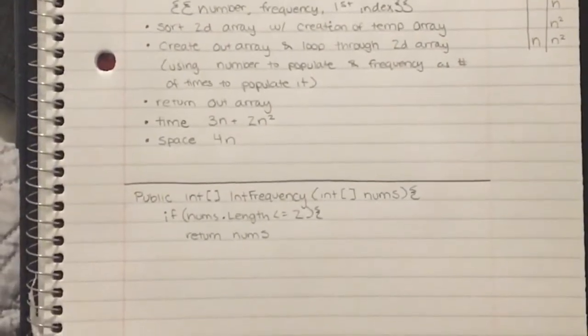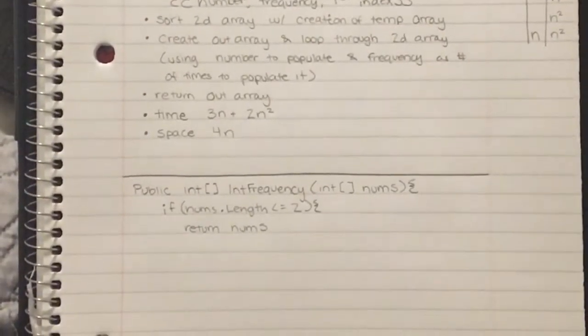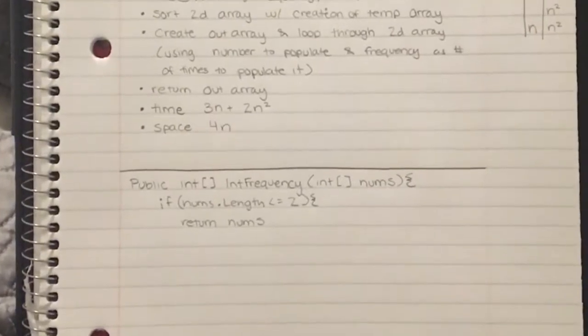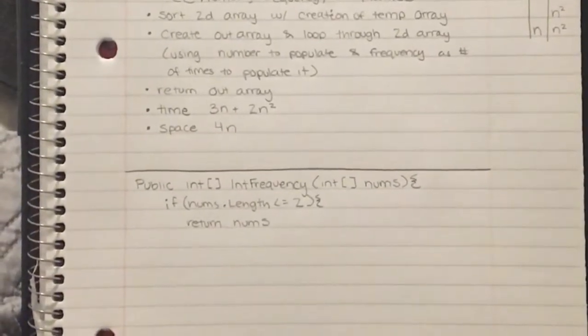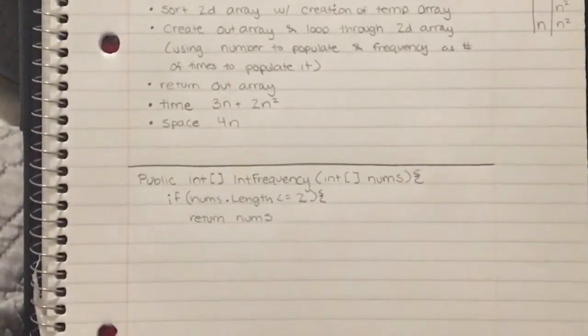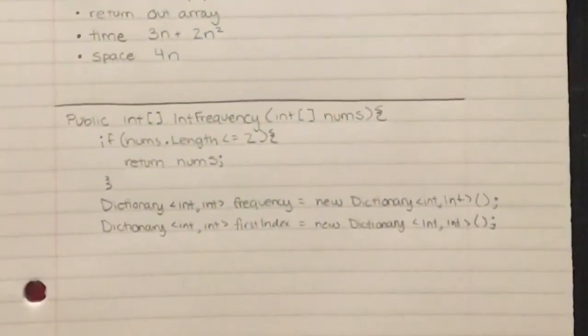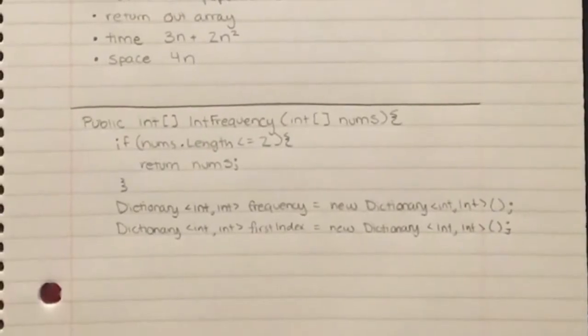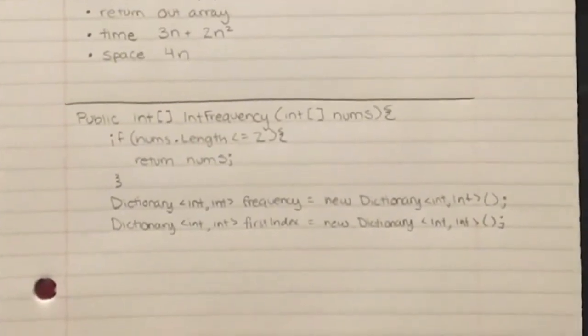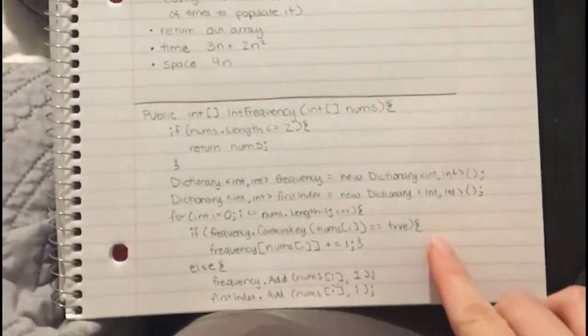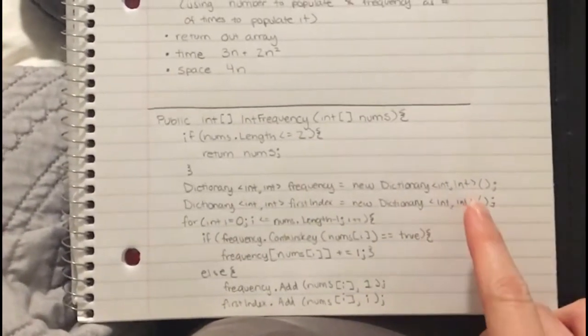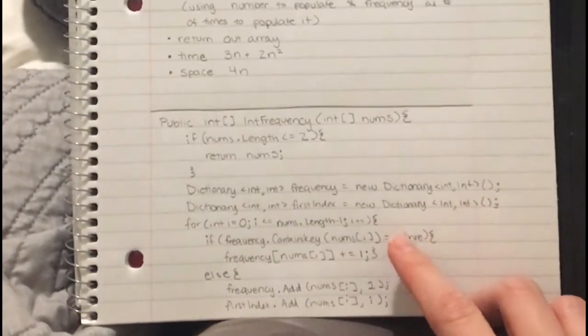I'm going to start by creating my method, and I'm going to check if the array length is less than or equal to 2. If it is, I'm going to return that array. Now I have created my two new dictionaries, one for the frequency and one for the first index. Now I've written the for loop, which is going to populate these dictionaries.